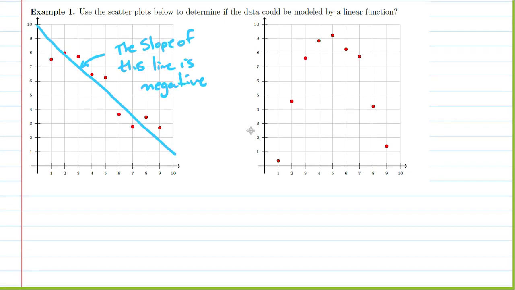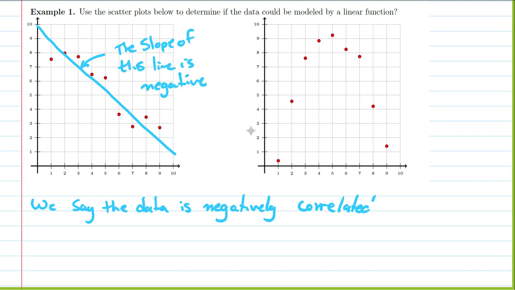So we say the data is negatively correlated. So we're going to be talking a lot about the idea of a correlation coefficient.